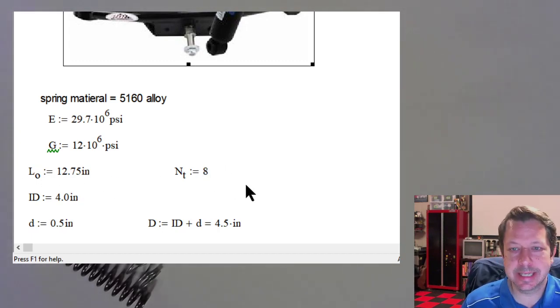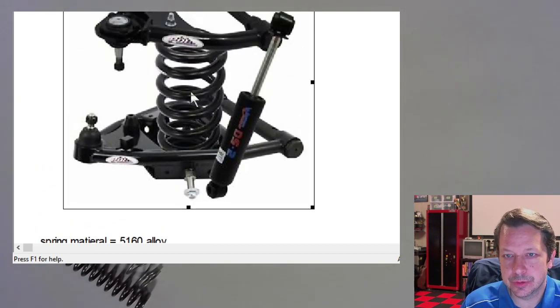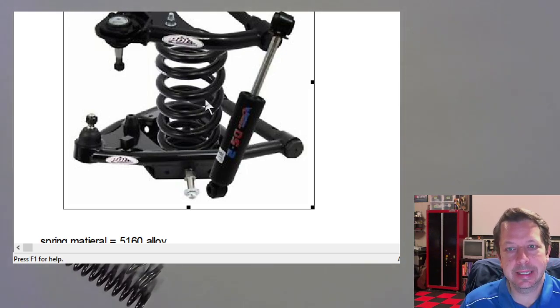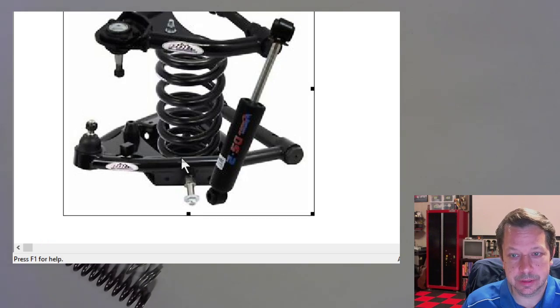It didn't actually say the number of total coils, so I just counted 1, 2, 3, 4, 5, 6. Looks like there's one at the bottom and one at the top, so 8. The way these coils are mounted in here, they just sit in these pockets, and they also usually have closed ends.